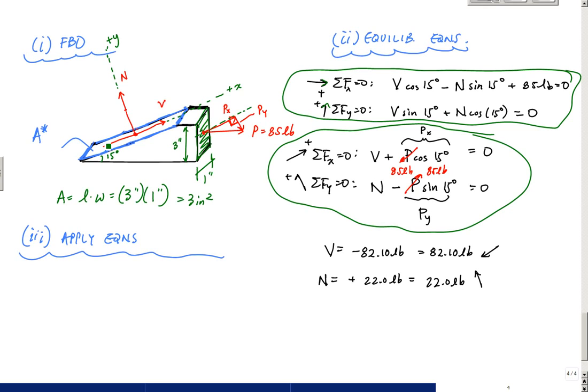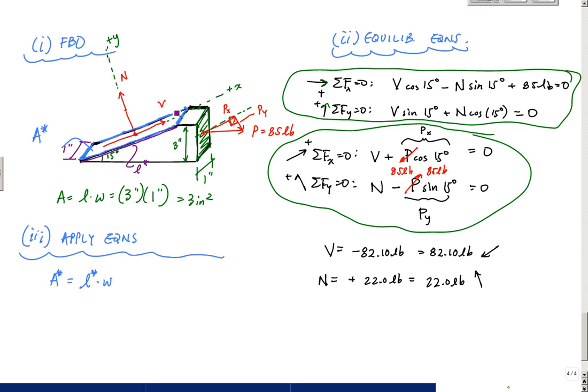Okay, and here in the blue area, in my 15-degree cut, my width does not change. I think you will agree with me on that. This width right here is still 1 inch, but I have a new length right here, and that would be L star. And that makes my new area equal to L star times W. So what is L star?